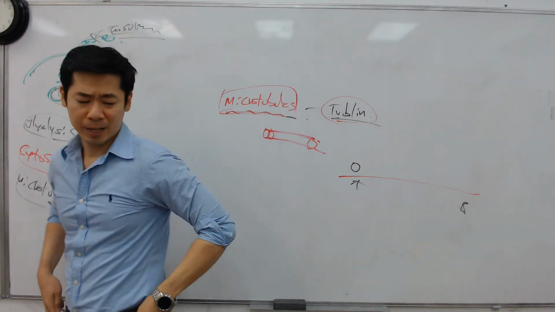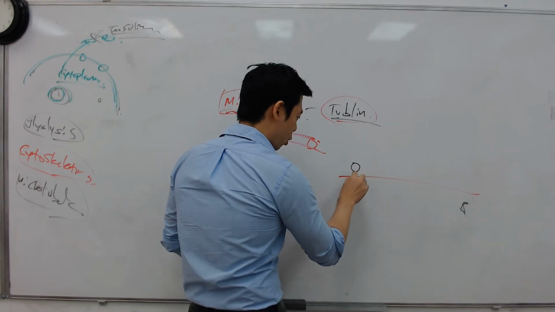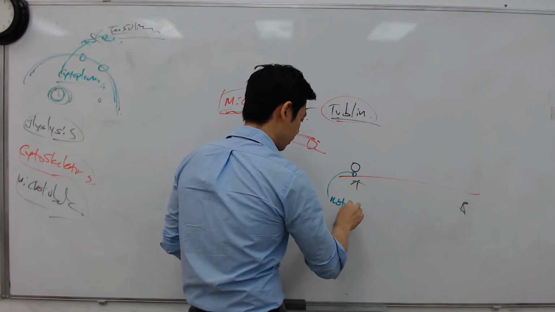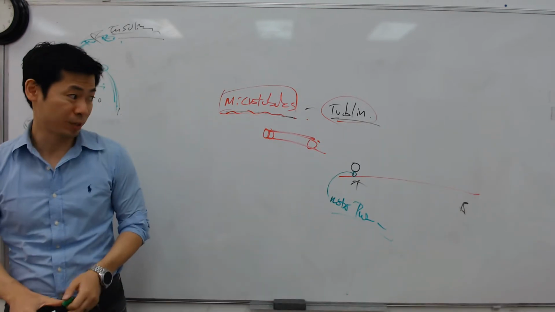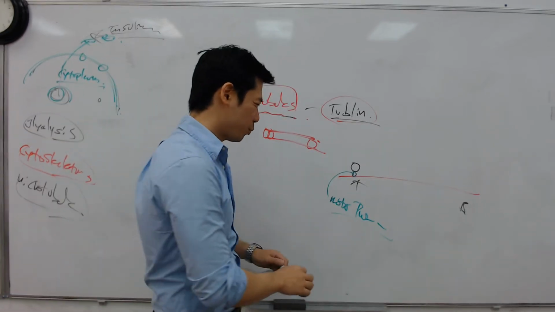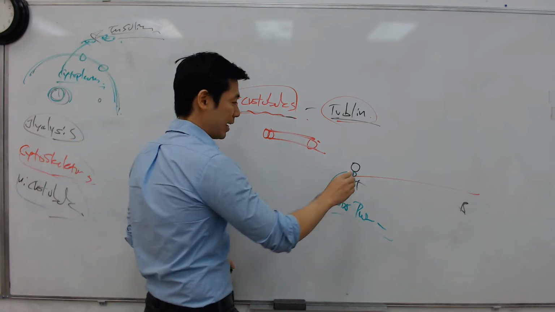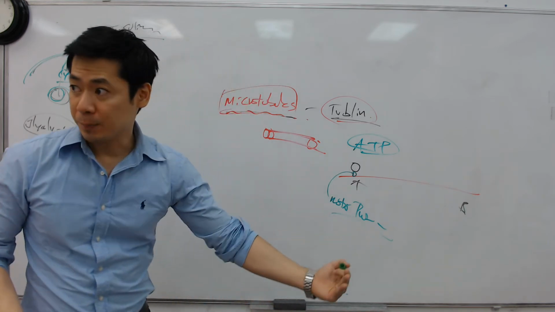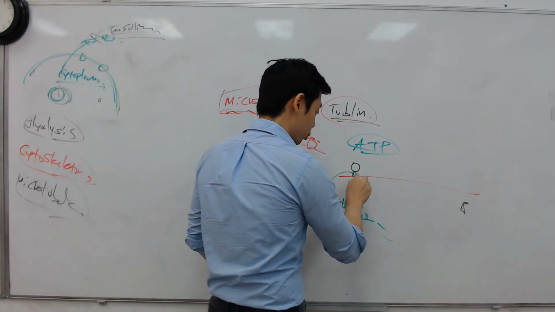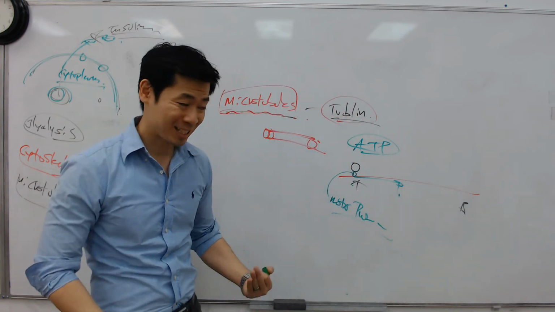So keep in mind, guys, they have these things called motor proteins. So now, these motor proteins, at the expense of ATP, are able to move from one place to the other. And that's how they move.